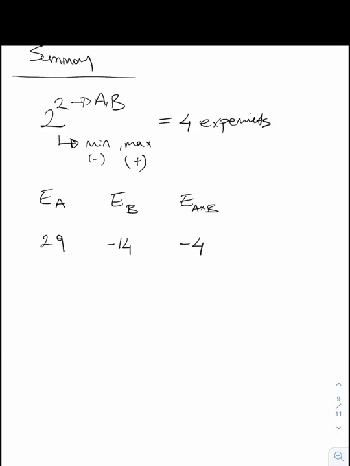So the first conclusion is to compare effects. And when I compare the effects, I could have said that the effect of A was larger than the effect of B, and that was also bigger than the interaction.